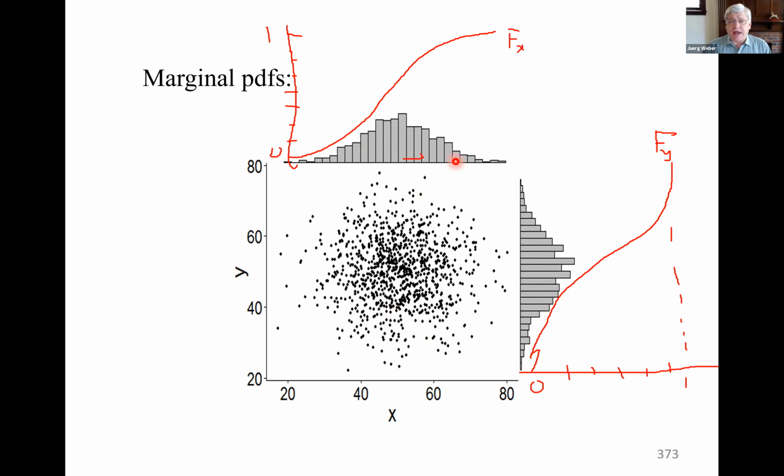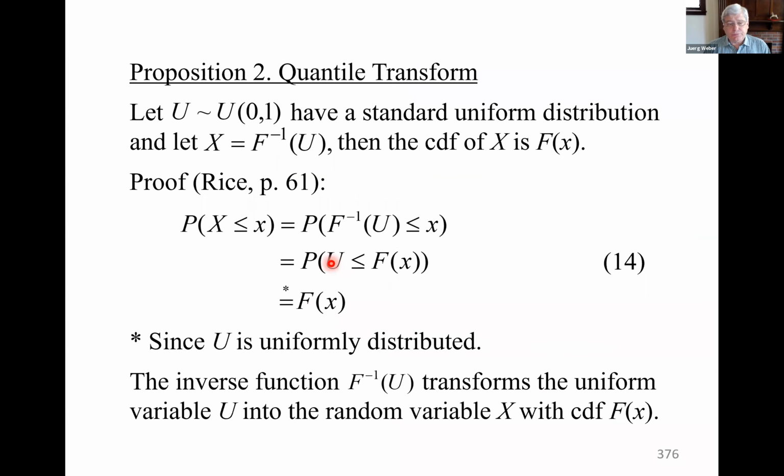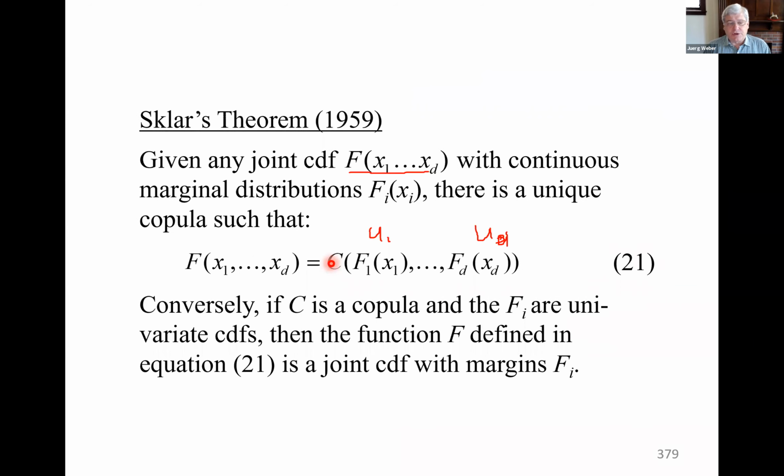You have those histograms, and then you look for those U values. They are called pseudo observations. You look at those pseudo observations, and then you look at which copula CDF best fits the data. The copula CDF is unique according to the Sklar theorem.